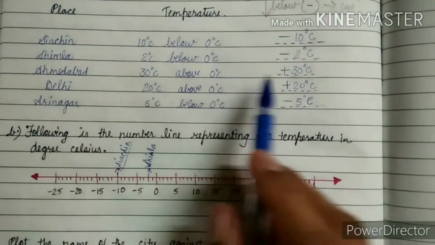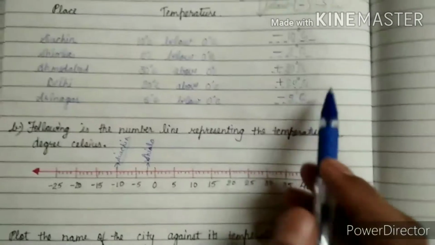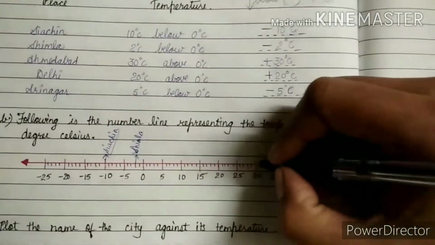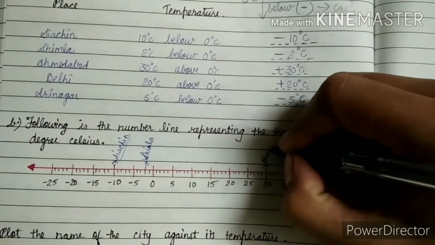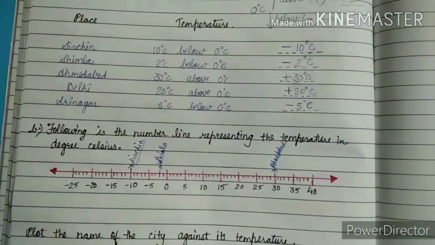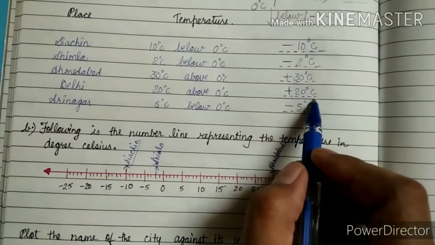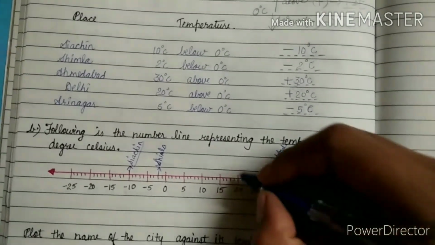Now third is Ahmedabad. Ahmedabad is having the temperature of positive 30 degrees Celsius. Have you seen positive 30? Yes, here is positive 30. This is showing Ahmedabad. Okay. Now next is Delhi. Delhi is having the temperature of positive 20 degrees Celsius. So 20 is here, positive, that's why.